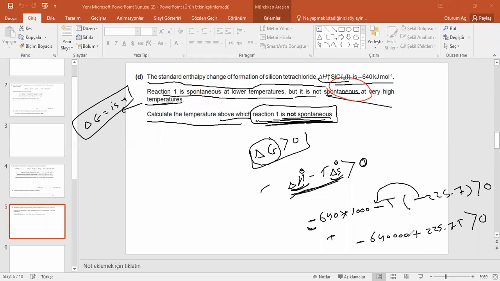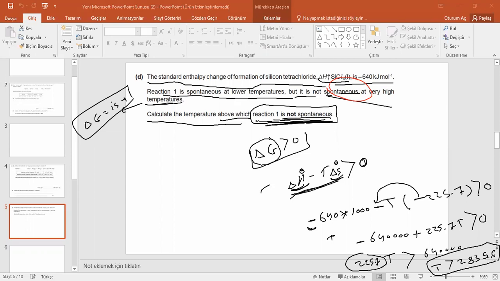I hope you know the math of this. It's simple, I think. So here we will have 225.7 T larger than 640,000. Then we divide both sides by this number. So T will be larger than 2835.6.